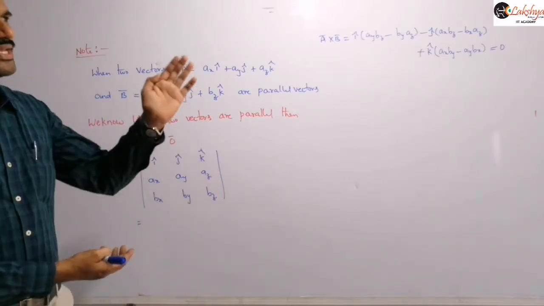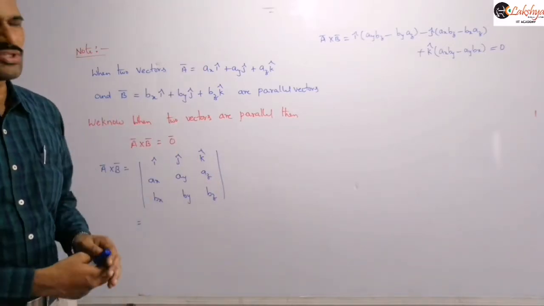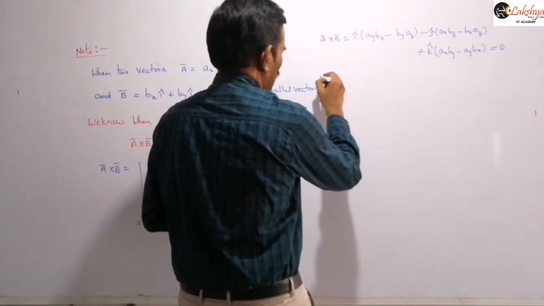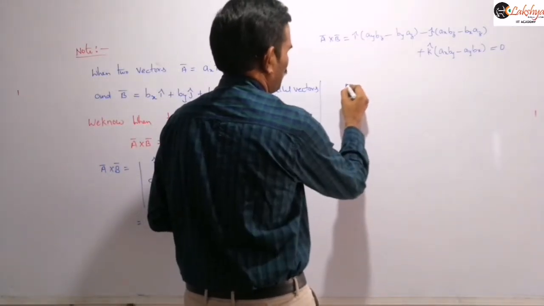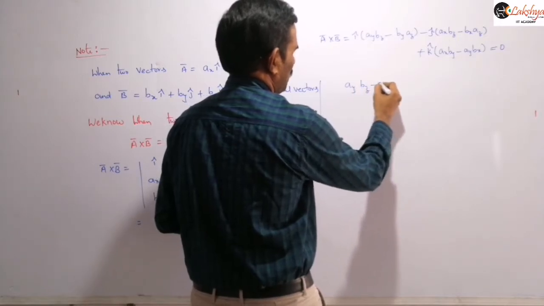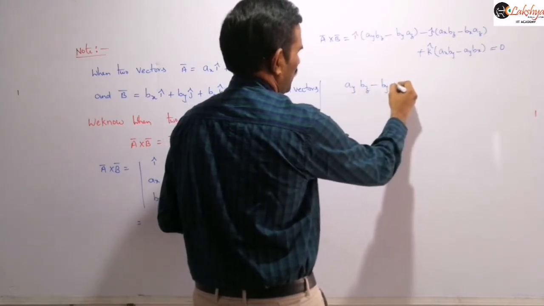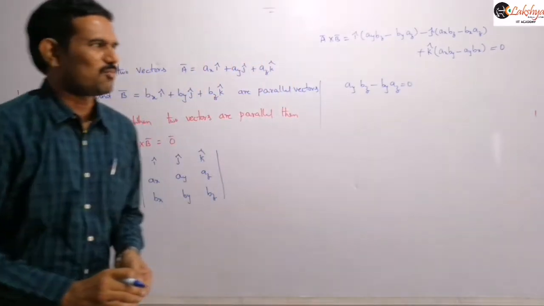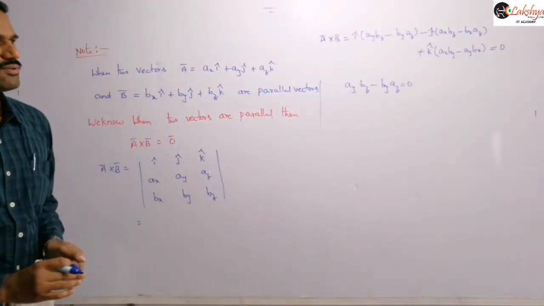So you can equate them to 0. Therefore we can write Ay Bz minus By Az is equal to 0. Each and every component should be equal to 0, right?